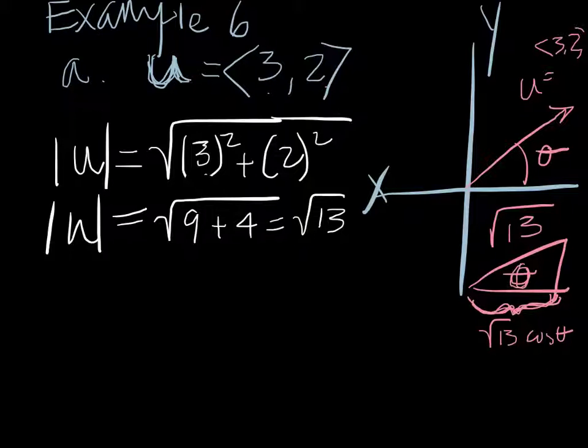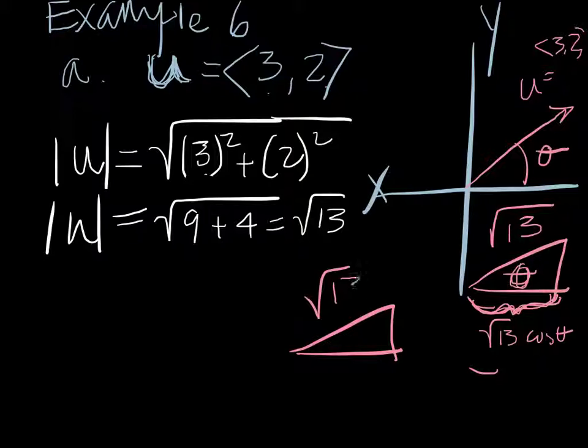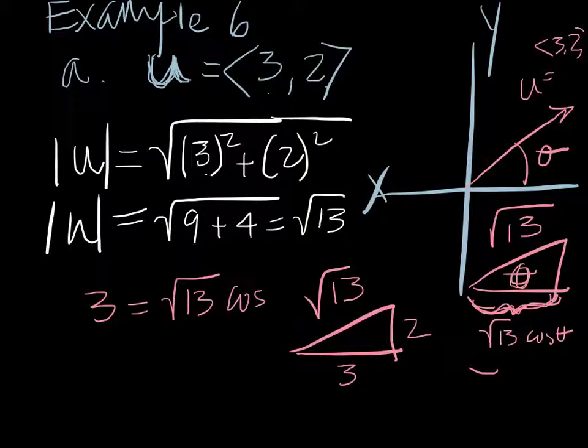They already told me that this is 3. So if I write over here, the square root of 13, this is 3, and this is 2, I can set this 3 equal to the square root of 13 times cosine of theta. Again, we're trying to find what theta is, so I can divide by the square root of 13.